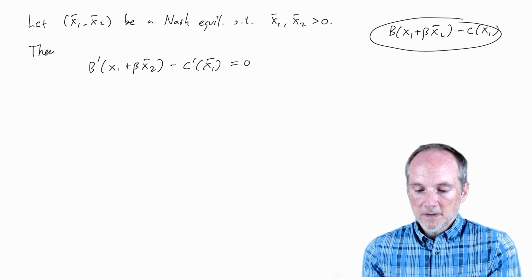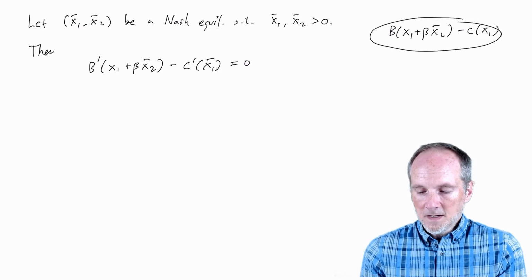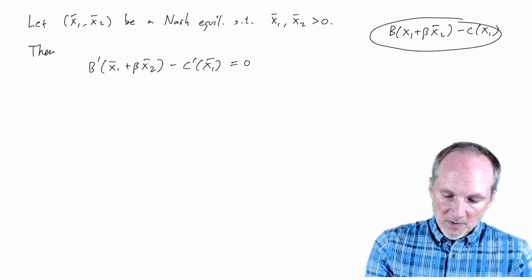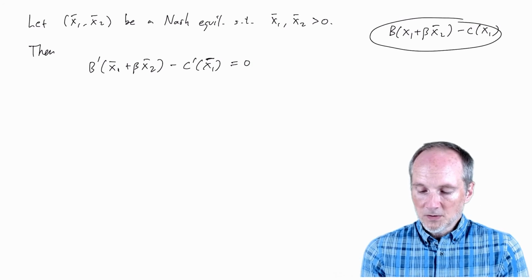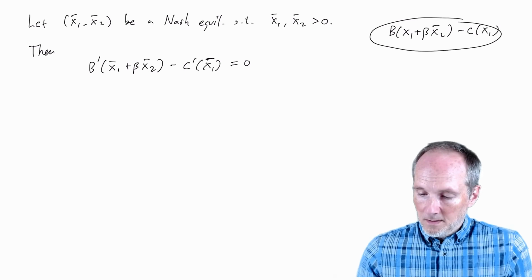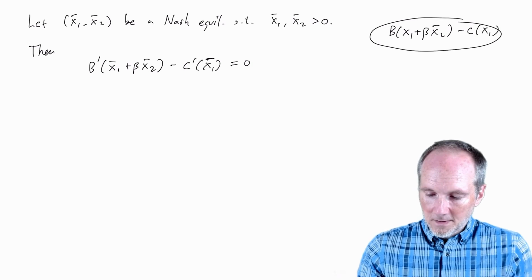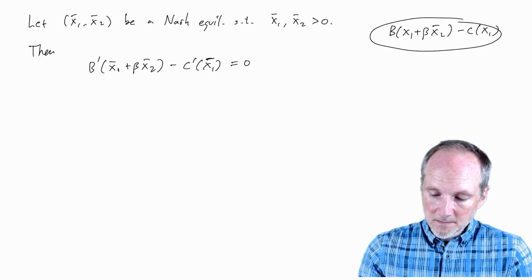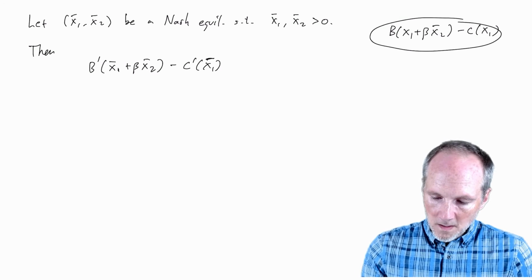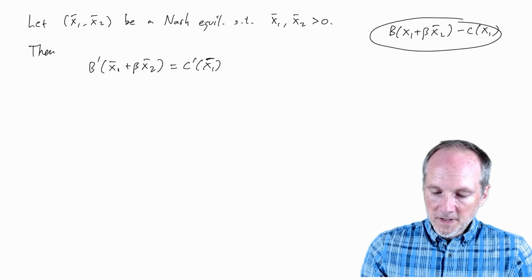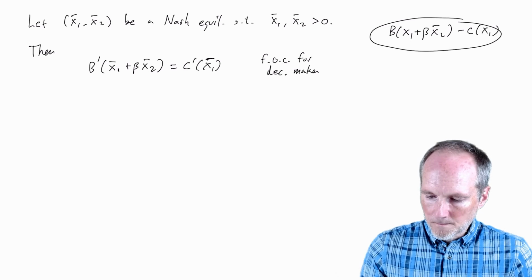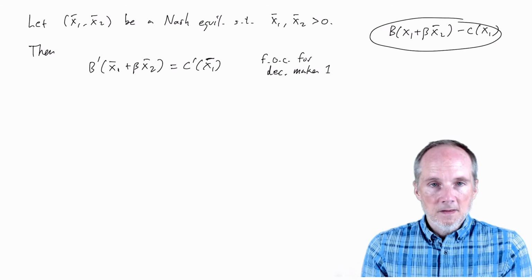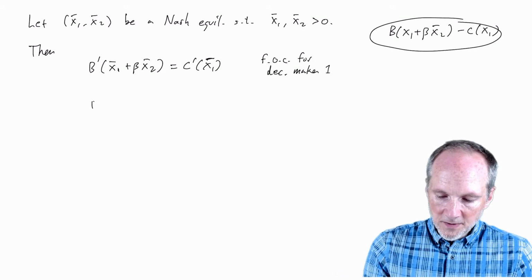So I have the derivative here of the objective function on the left-hand side. That equals 0 in equilibrium, so I'm going to keep the bars on person 1's choices. And of course, I can put the derivative of cost on the other side by just adding that to both sides. And I get the first order condition for decision maker 1. The same thing holds true for decision maker 2.